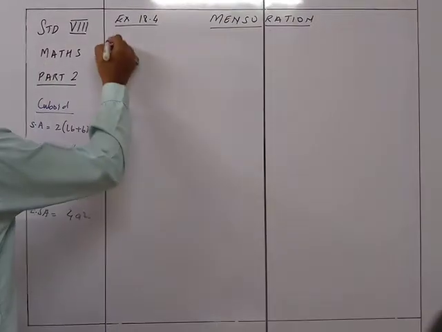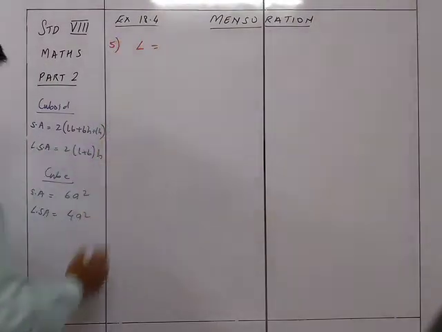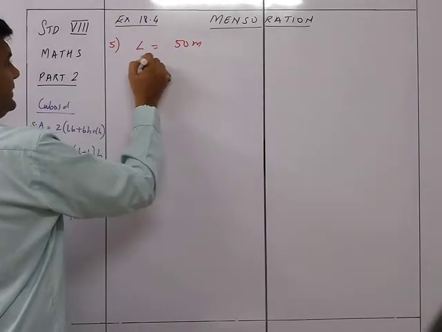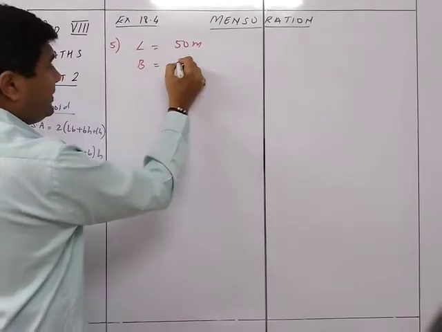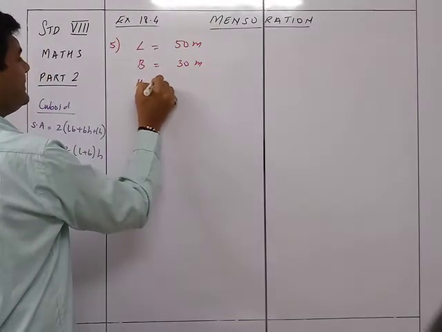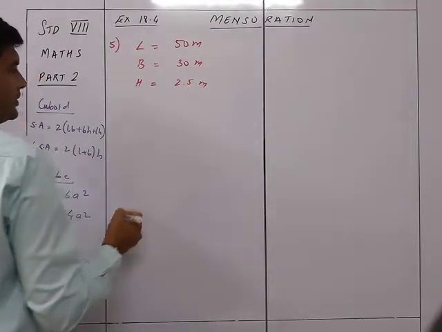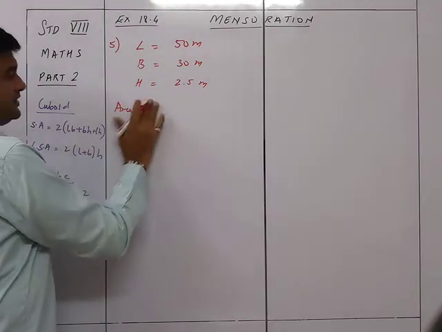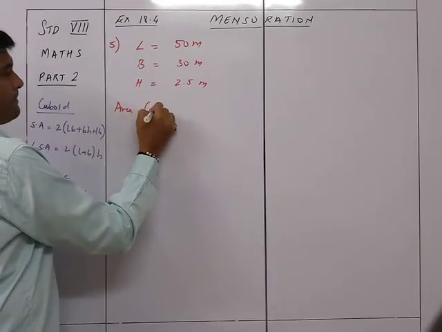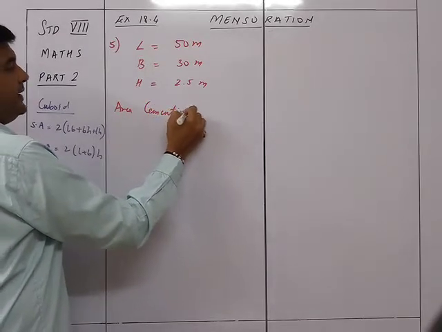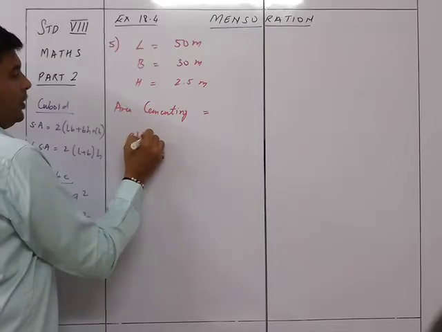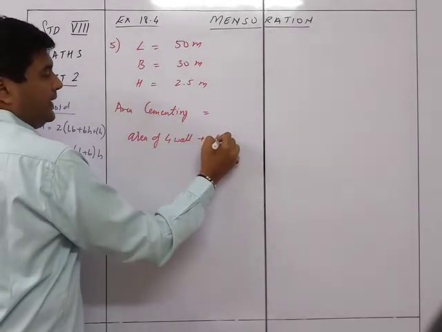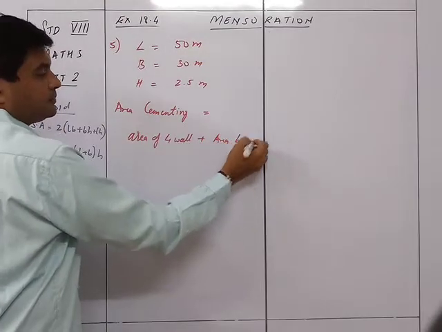So first of all we have the length. The length of the swimming pool is given to you as 50 meters. The breadth is given as 30 meters and the height is given as 2.5 meters. So we know that area of cementing is equal to area of 4 walls plus area of base.